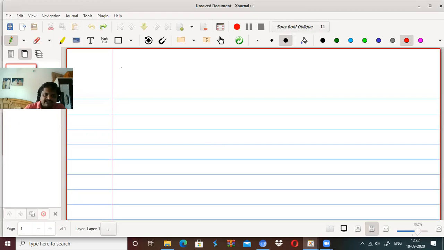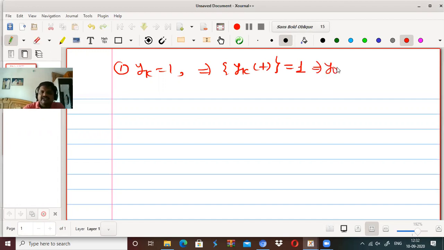Suppose I take the first example as y_k equal to 1. That is, in the sequence y_k(t) every term is equal to 1. This implies y0(t) is 1, y1(t) is also 1, y2(t) is also 1, and so on.